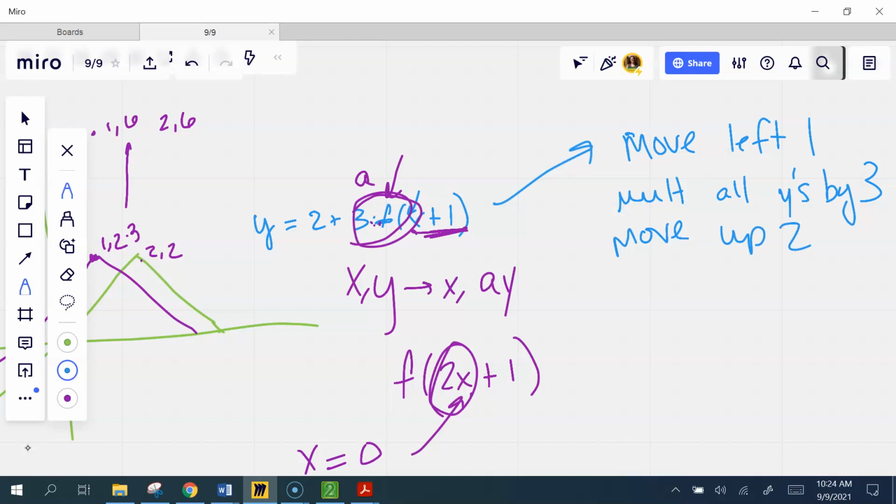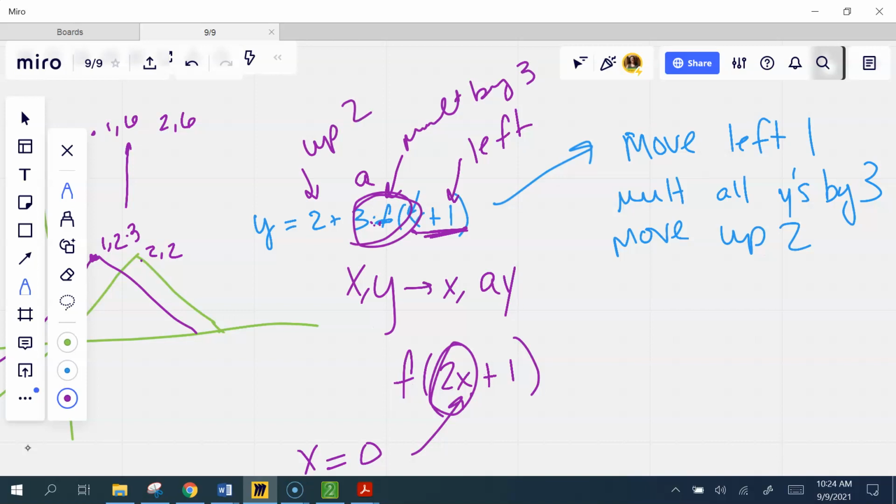Every point would need that done to it. Does that make sense? Does that make more sense? This is left. This is multiplied by 3. Only the y, and this is up 2.